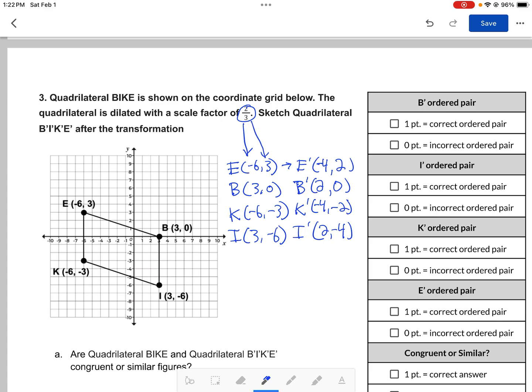All right, so let's go ahead and plot this. These are my new coordinates. So E prime is negative 4, positive 2. B prime is 2 and 0.